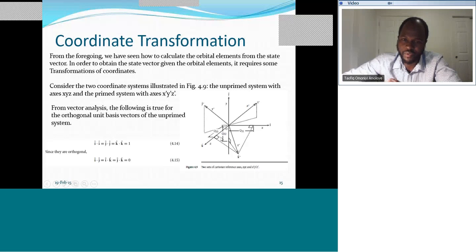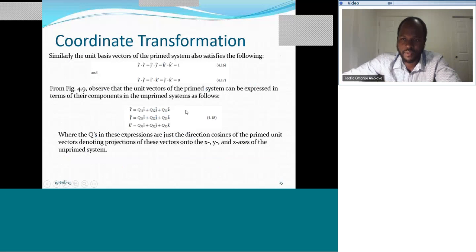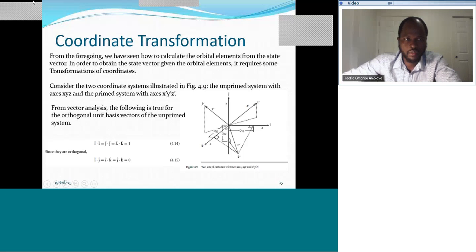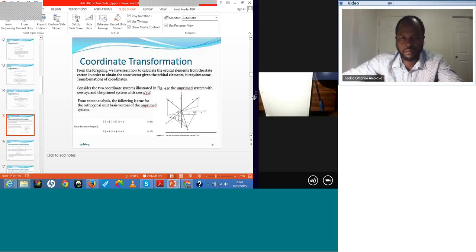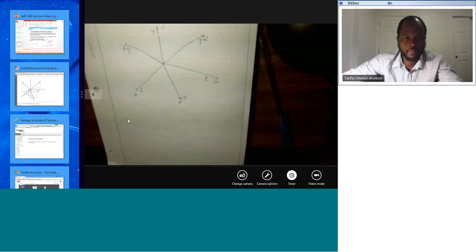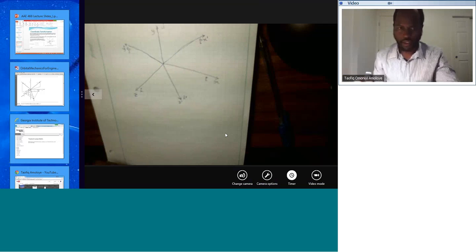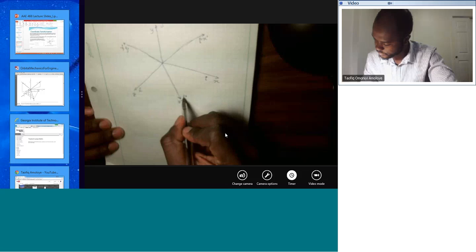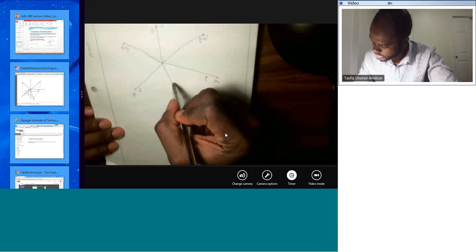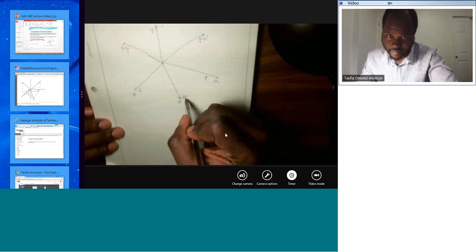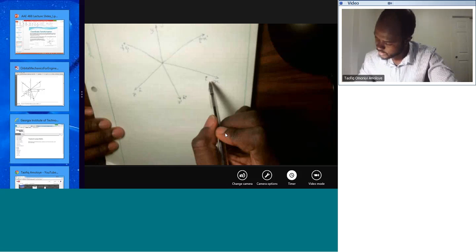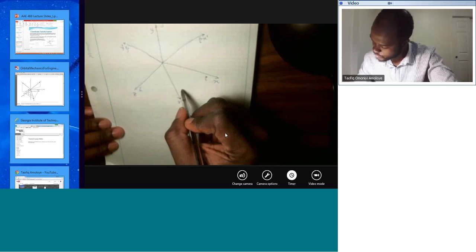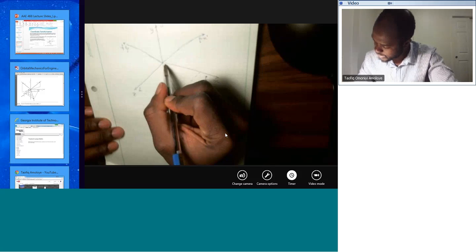That means we have K prime. If we want to express K prime in terms of X, Y, and Z, we have to look at its components on this axis.